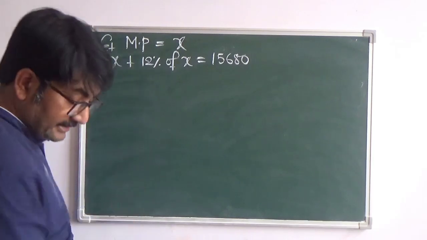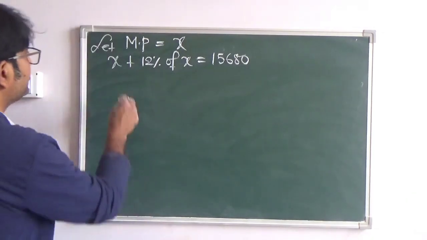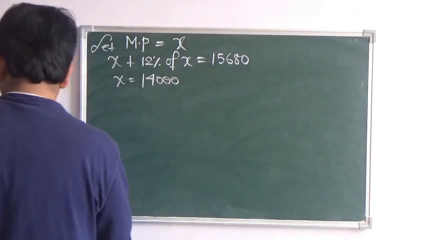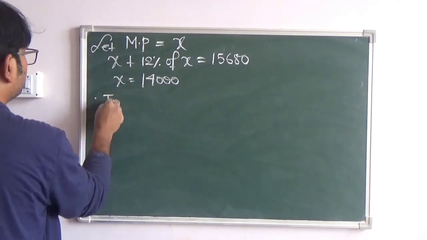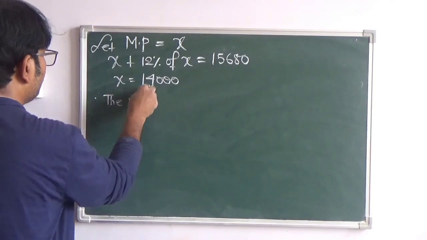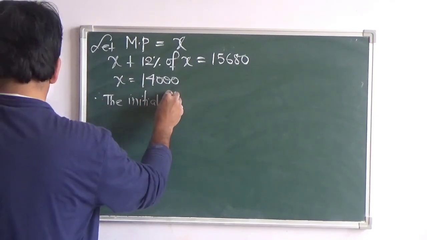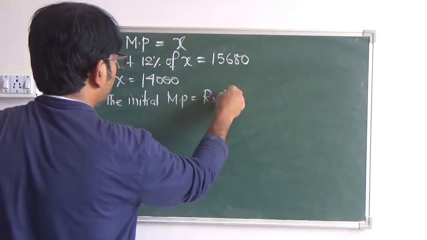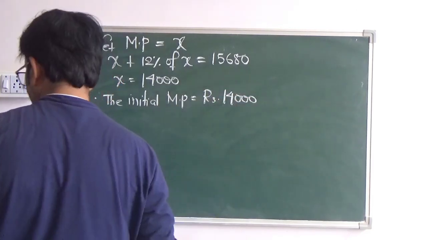If you solve this, it comes to X equals 14,000. Therefore the initial mark price is equal to rupees 14000.